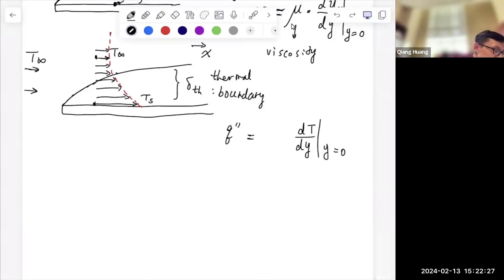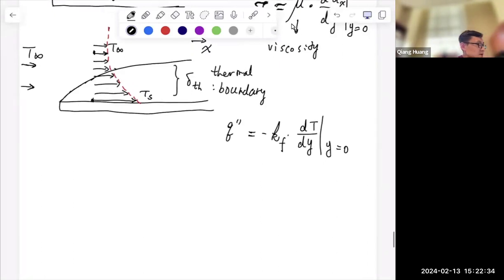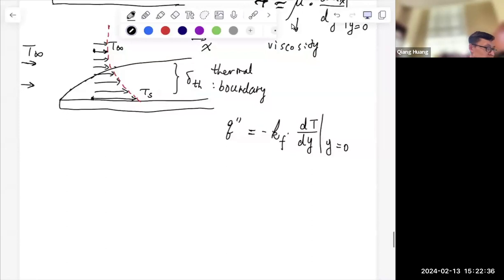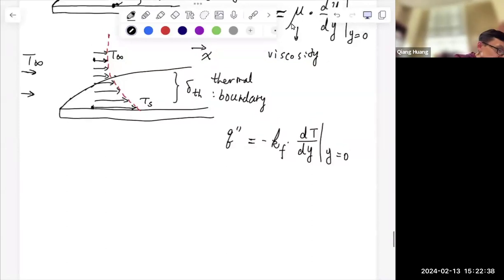And then the proportional constant is the conduction coefficient of the fluid. As you can imagine, this is basically conduction in fluid.